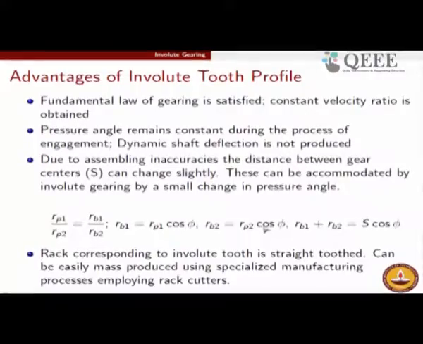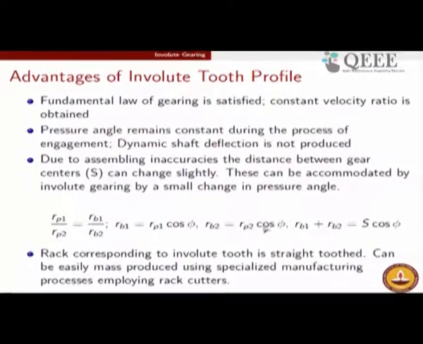In a rack, the tooth corresponding to an involute gear will be a straight tooth, and as such, if you have a rack cutter which does this cutting operation on a gear blank, this rack cutter needs to be only a straight tooth. You can understand that making a rack cutter which is anything other than a straight tooth will be very difficult, because cutters are very difficult to machine and very difficult to make in the first place.